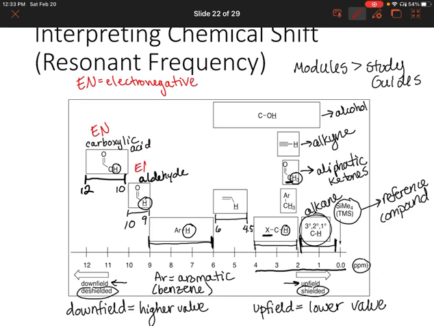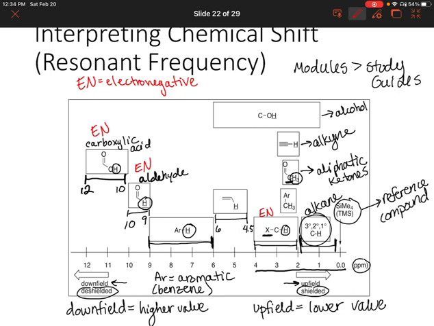And that's going to have an effect on where your chemical shift is for a peak. So the more electronegative something is, the further downfield it is. For instance, the proton that's bonded to a carbon that's bonded to a halogen is a little more downfield than an alkane hydrogen.